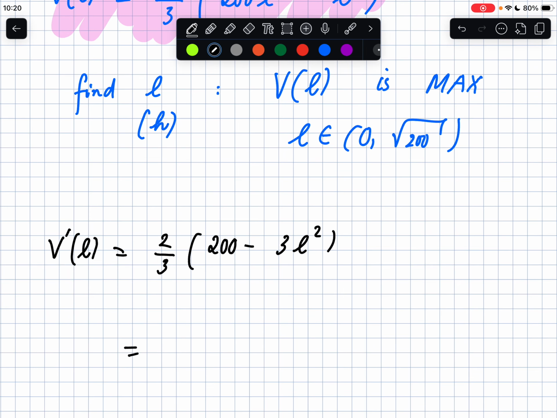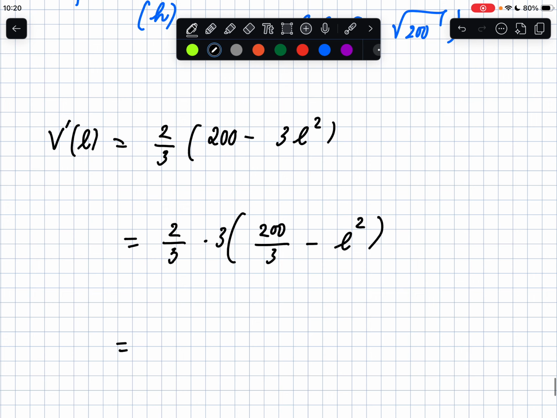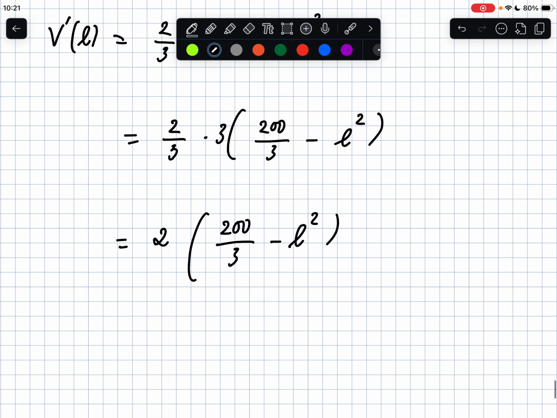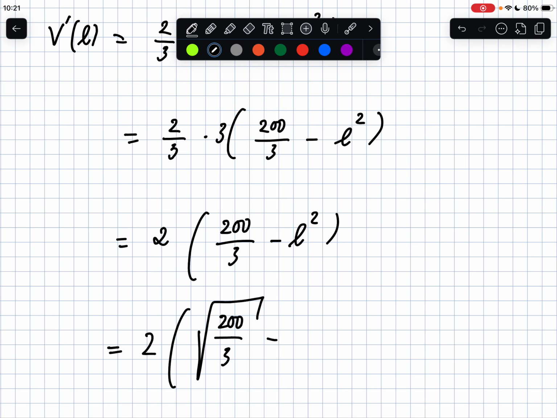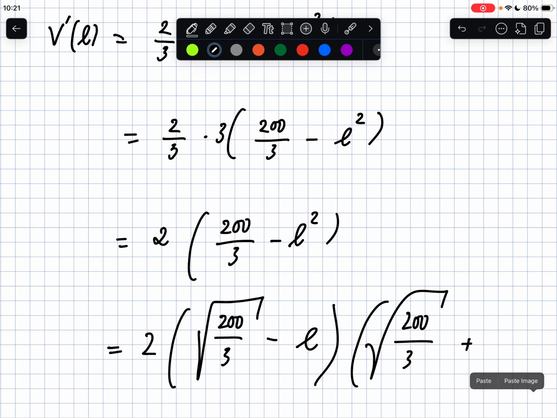So we can bring that 3 out: 2 times (200 over 3 minus length squared). Factor it as (square root of 200 over 3 minus length) times (square root of 200 over 3 plus length).